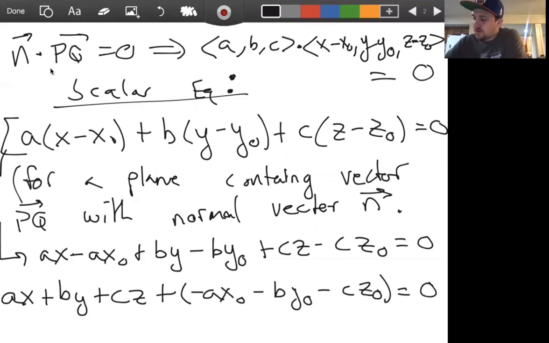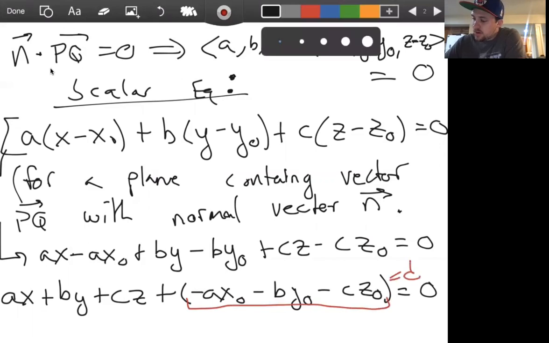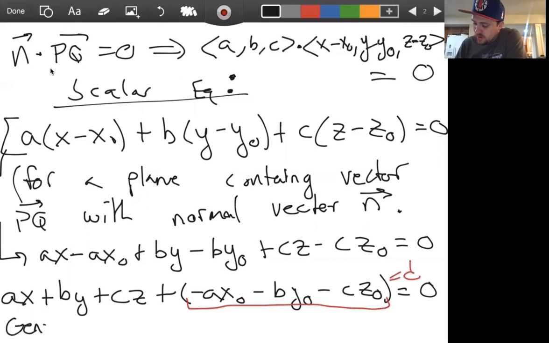And if we prescribe this entire string of constants to be just some other letter D, then we have the general form for the equation of a plane.